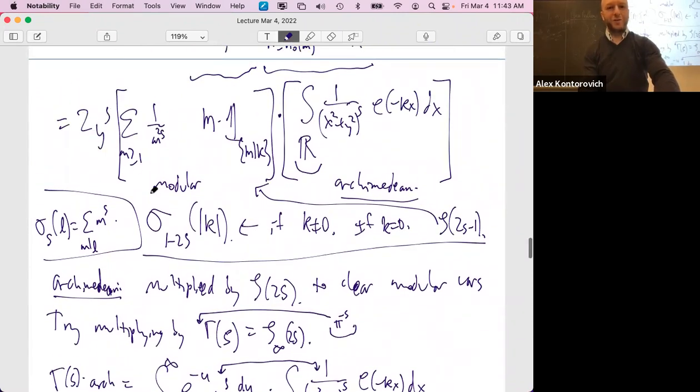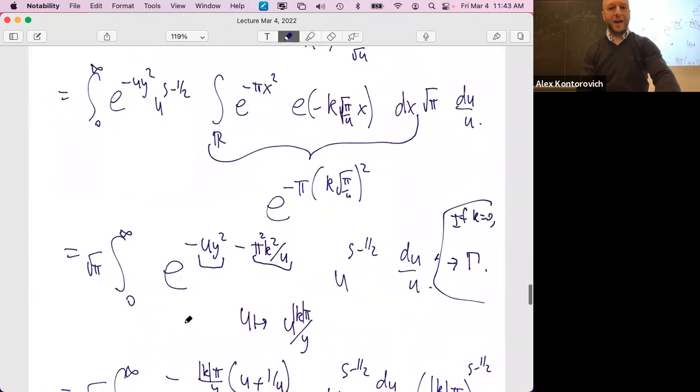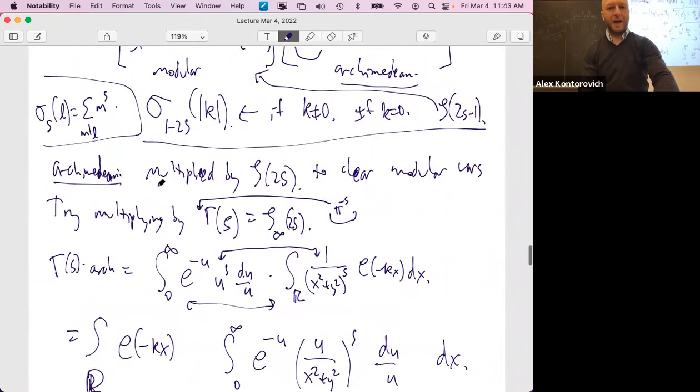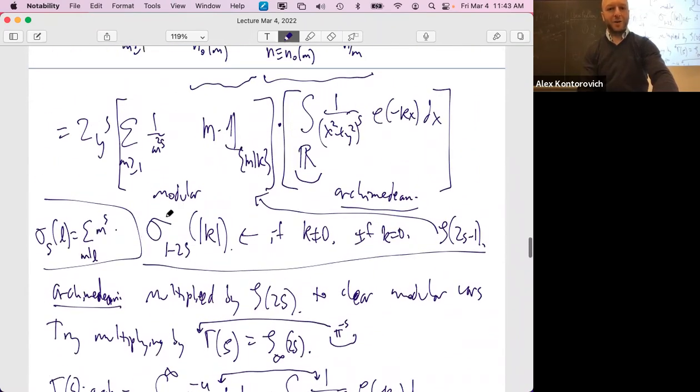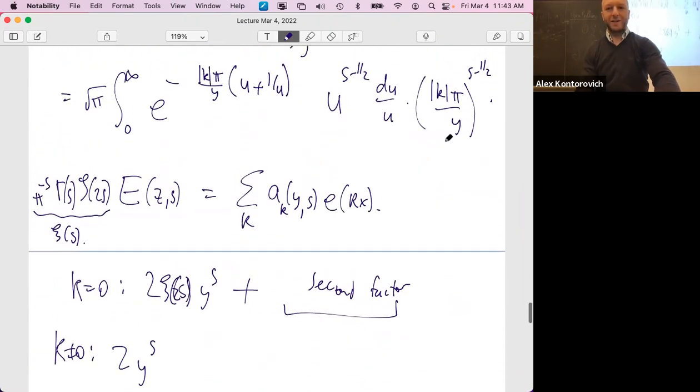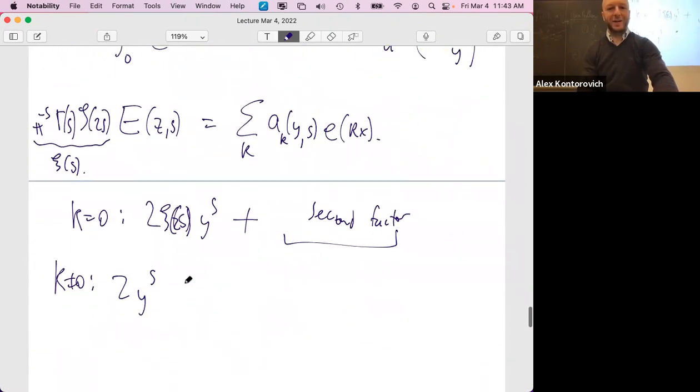this, 2y to the s, this modular bit, which is a divisor sum, that divisor sum gets multiplied by k to the s minus a half sigma 1 minus 2s of k.